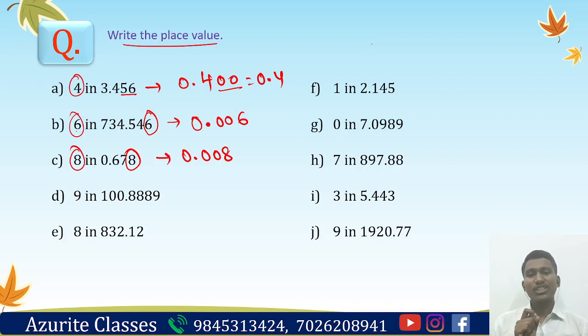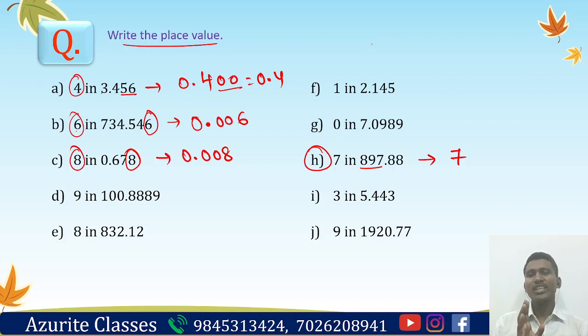Okay, so in the H question, they are asking for 7 in 897.88. Here, don't get confused. Before the decimal point, it is the ones place. So the value will be 7. If it is before the decimal point, write the number with the places after it. After the decimal point, leave all the places aside, see which place it is, and just write that.